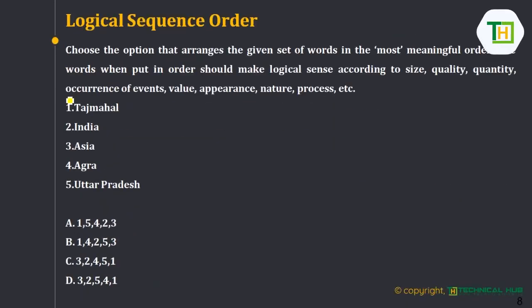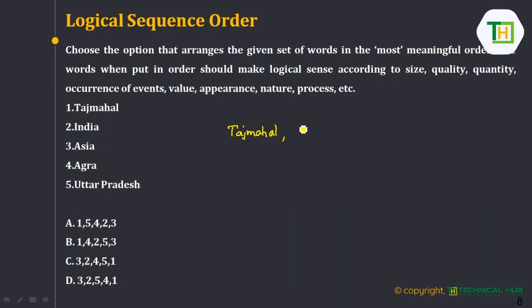That is an easy one, I think, based on size. The words are Taj Mahal, India, Asia, Agra, and Uttar Pradesh. Among all these, I'll arrange them from smallest to largest or largest to smallest. The first one is Taj Mahal, which is only one place, one building, one tomb.